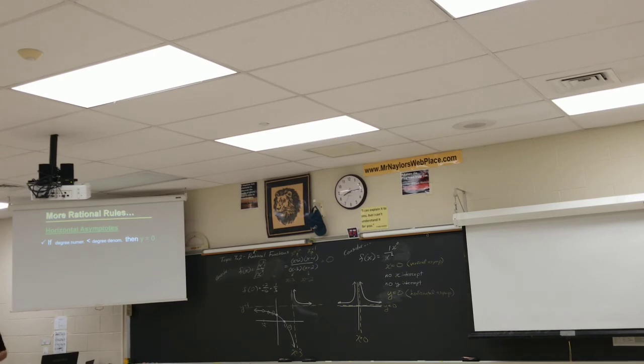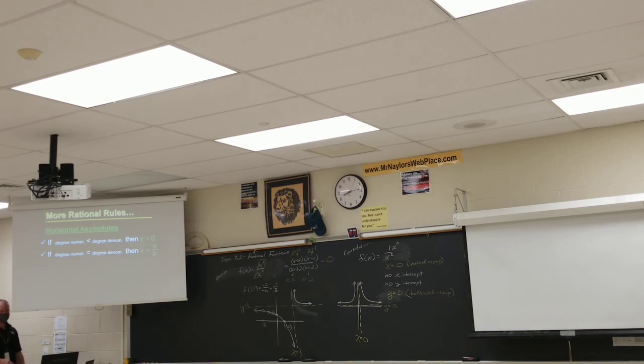Basically, if the degree of the numerator, in other words the top, is smaller than the degree of the denominator, the bottom, then it will always be y equals 0. And that's what happened in the last problem we did. Again, it will always be y equals 0.